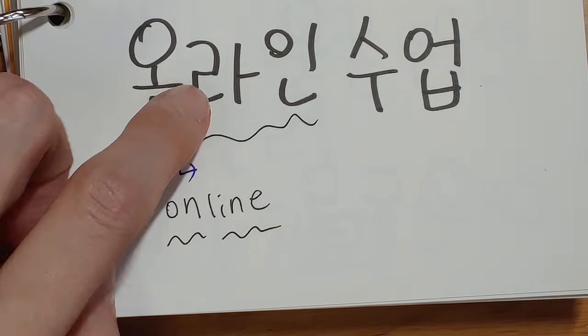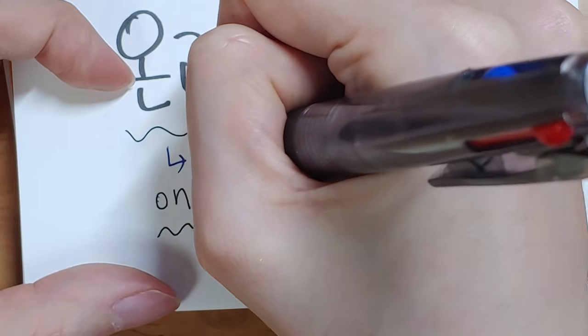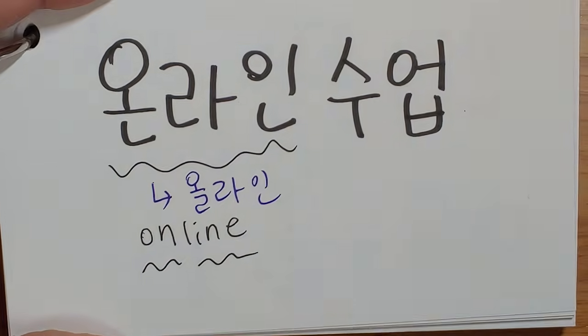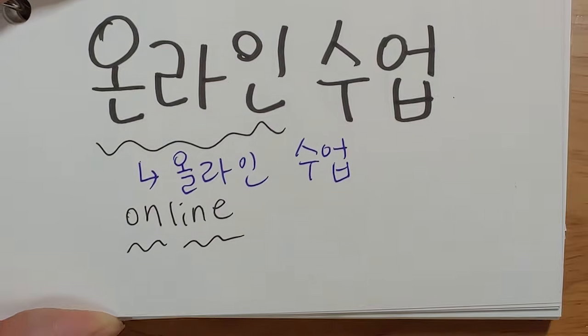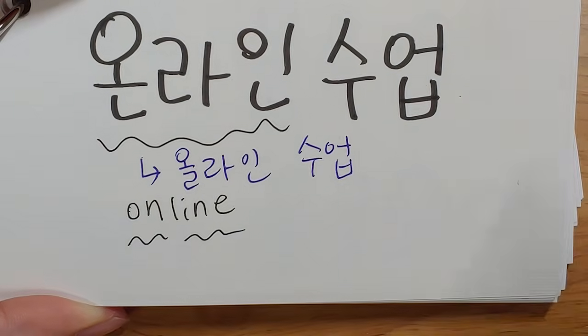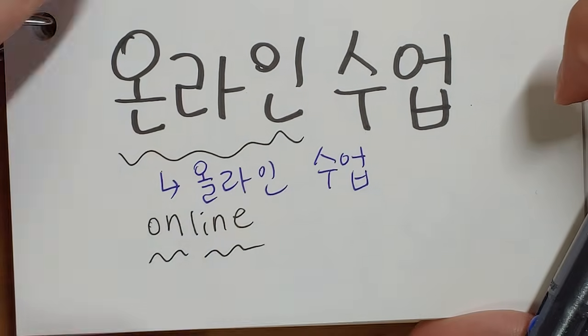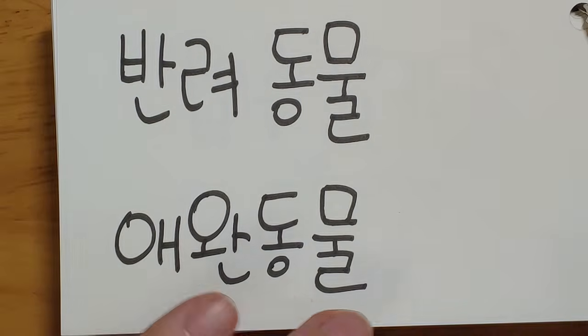It's just so uncomfortable on our tongue. So if you want to sound more like a Korean, you can say 온라인 수업. It means online class. This is also a good word to know.